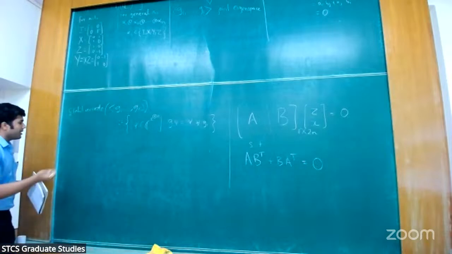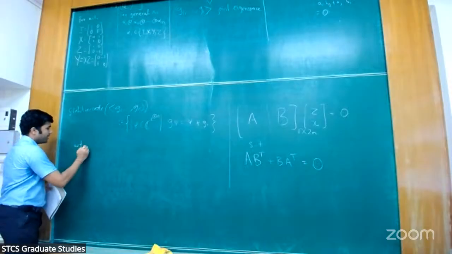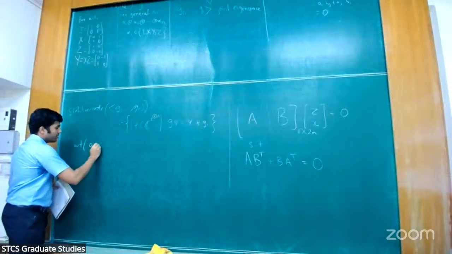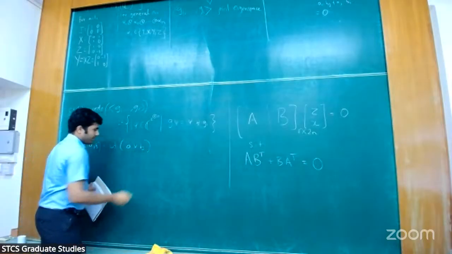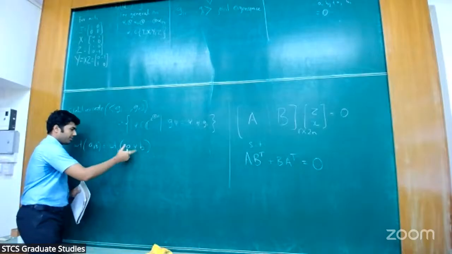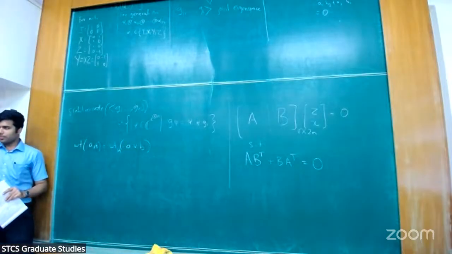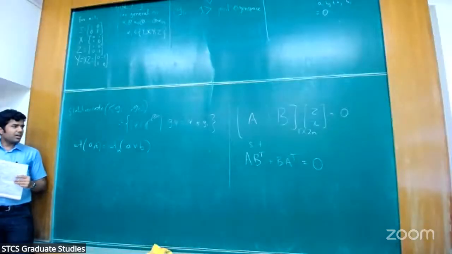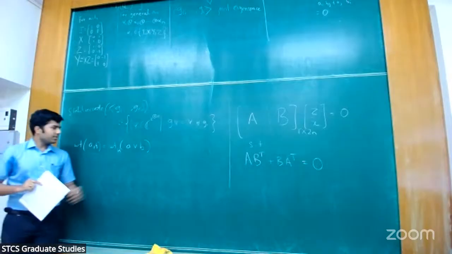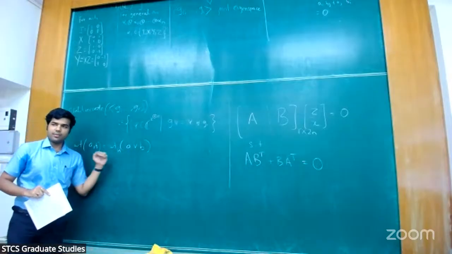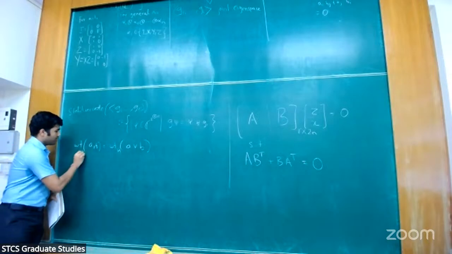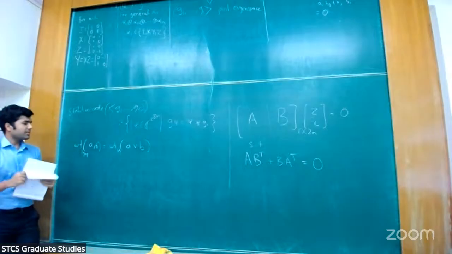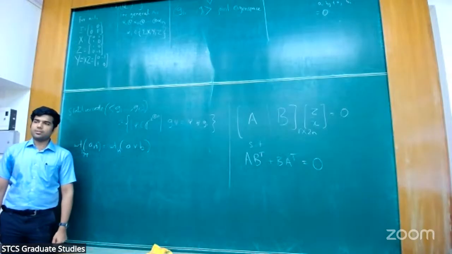Okay. Now the symplectic weight of a vector is just the Hamming weight of the bitwise OR of these quantities. So if A and B are two n-bit vectors, the symplectic weight is essentially the Hamming weight of this vector.